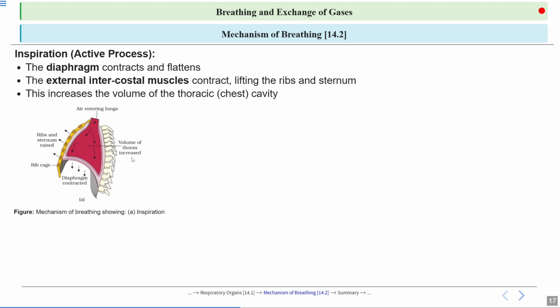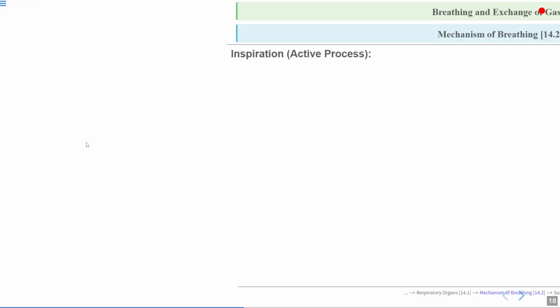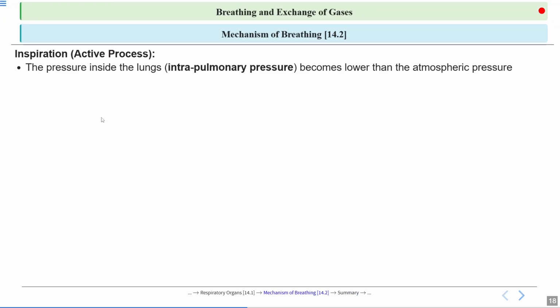If the volume of the thoracic cavity increases, then what will happen to the intrapulmonary pressure? The intrapulmonary pressure means the pressure inside the lungs. This becomes lower than the atmospheric pressure, and due to this, the air enters into the lungs. So you can see a pressure gradient is formed here.